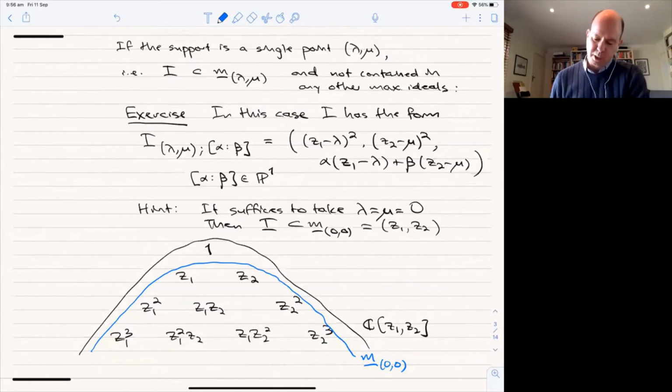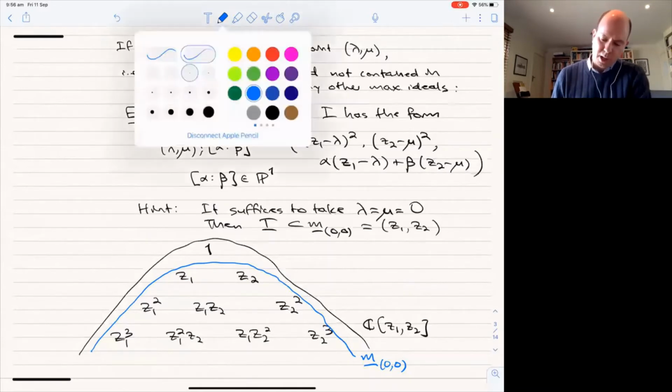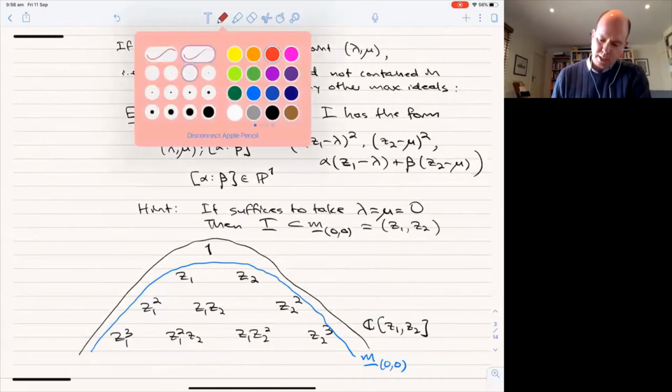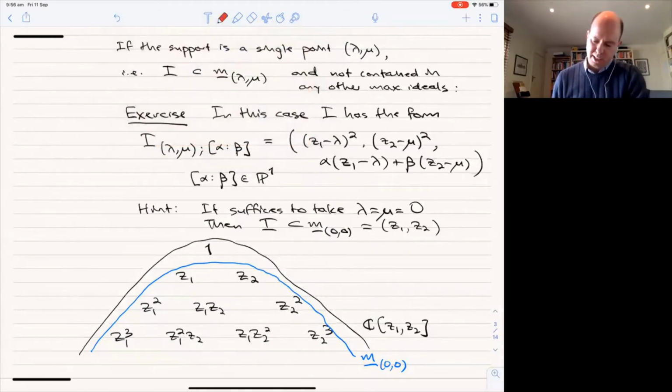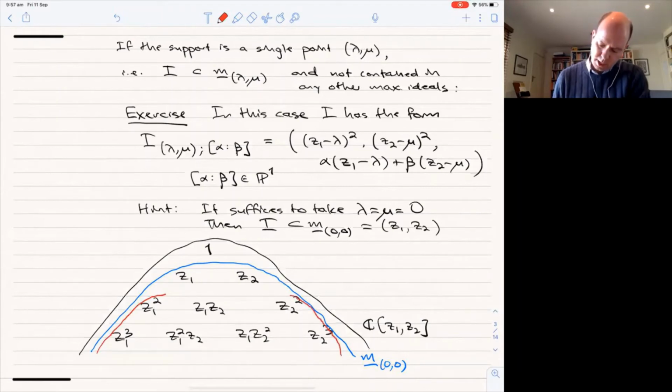And so what I'm claiming here is that the form of I is that it has to include Z1 squared and Z2 squared. And of course it includes all the multiples of those.